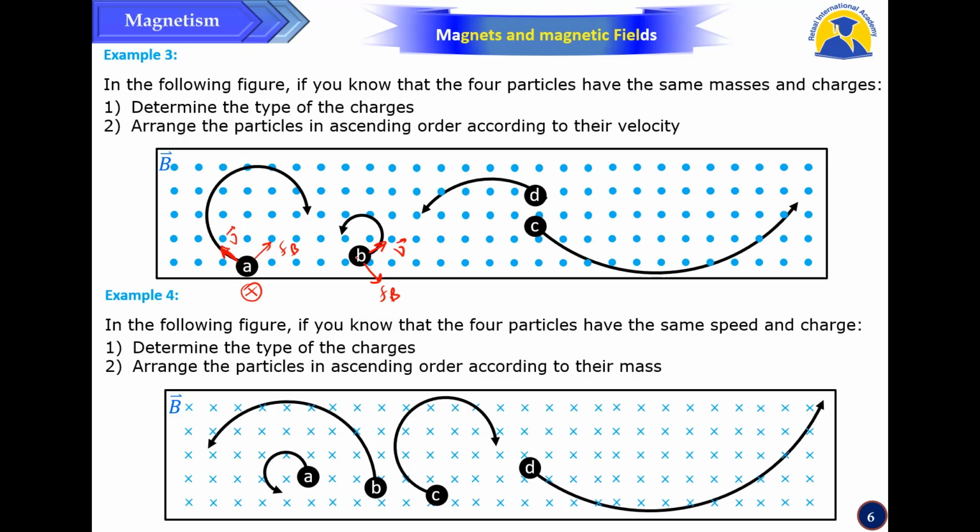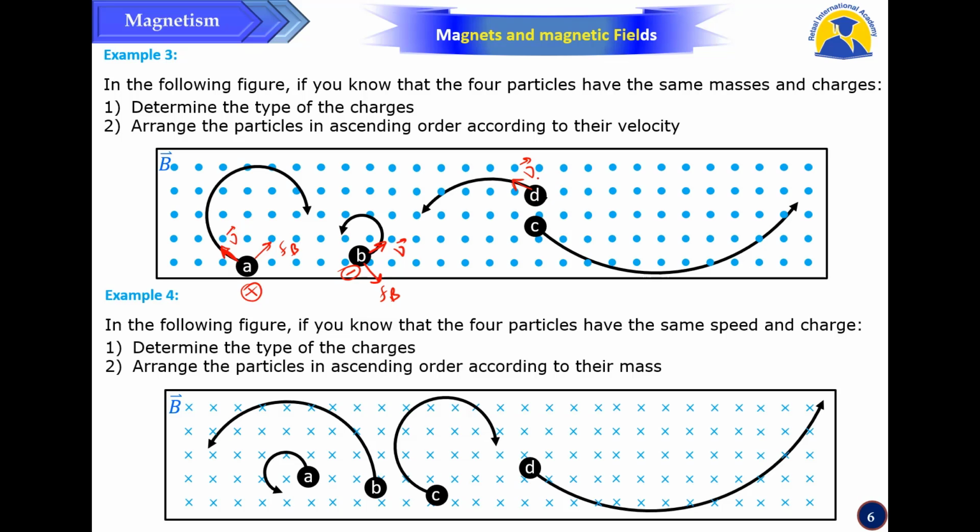The object is moving counterclockwise, while the force is on the other side. So the type of the charge of this particle is not positive, it will be negative.